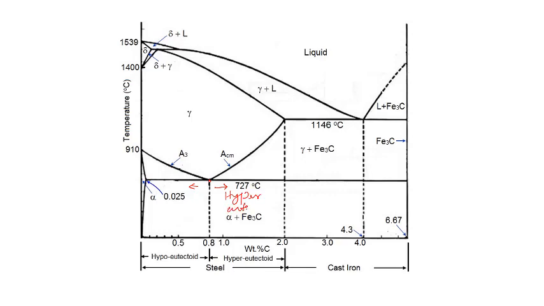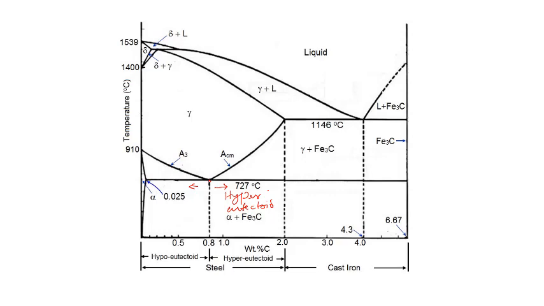Okay. So you could have, depending on the composition, two types of steels, hypo eutectoid and hyper eutectoid. You could also have a steel of eutectoid composition if the carbon content is around 0.8%.